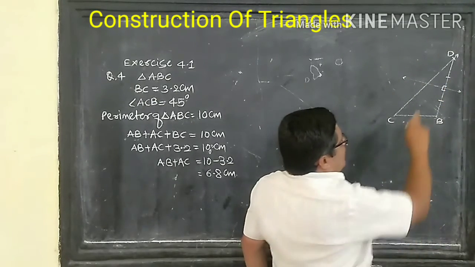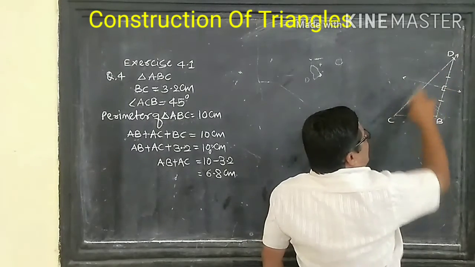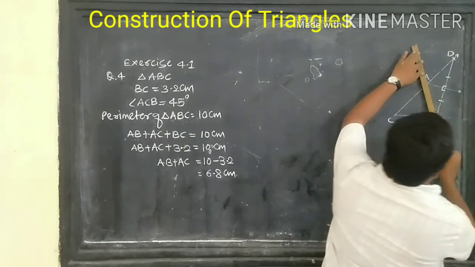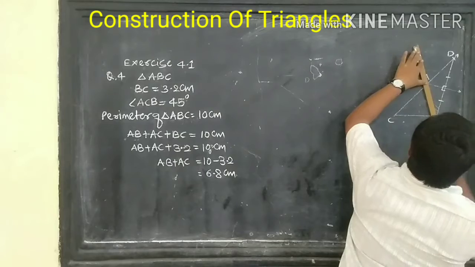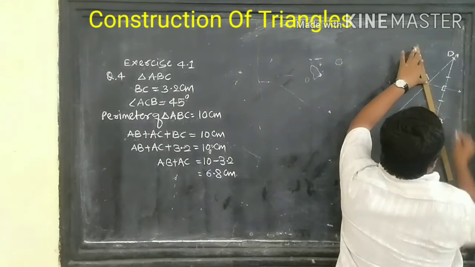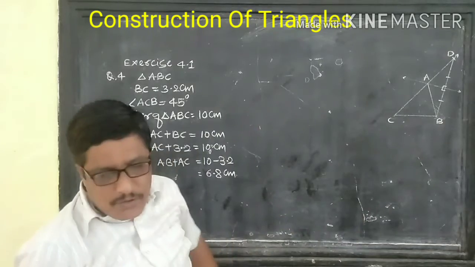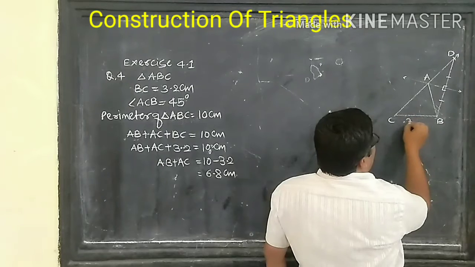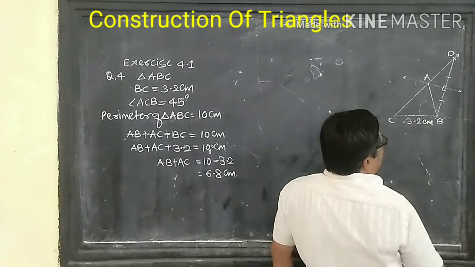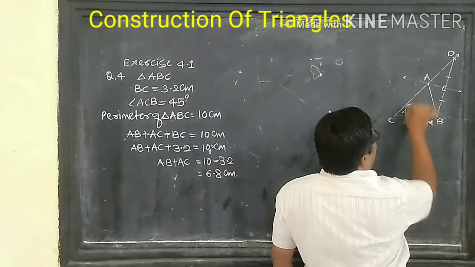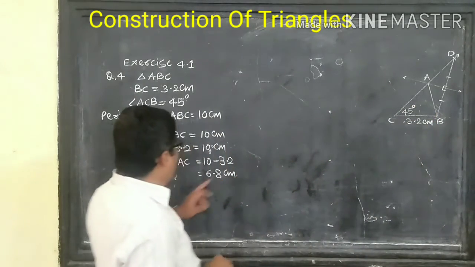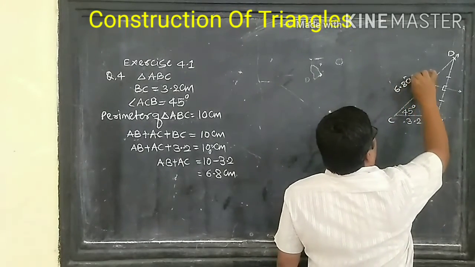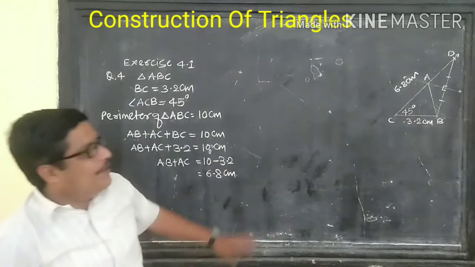And this perpendicular bisector intersects CD in point A, and then we have to draw segment AB. Now we have to write the measurements which we used in this rough diagram. So 3.2 centimeter, angle is 45 degree, and the length of CD is 6.8. So in this way the rough figure is there.